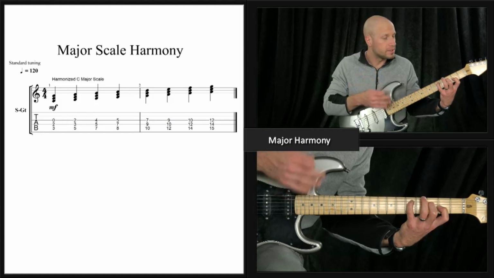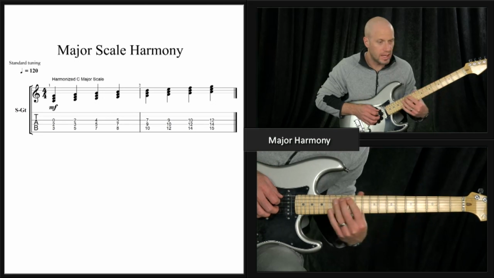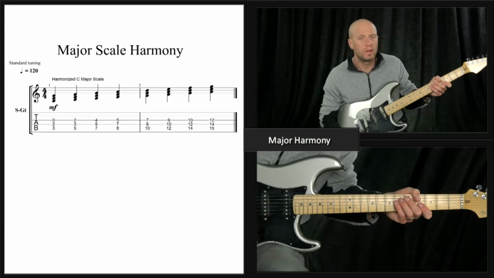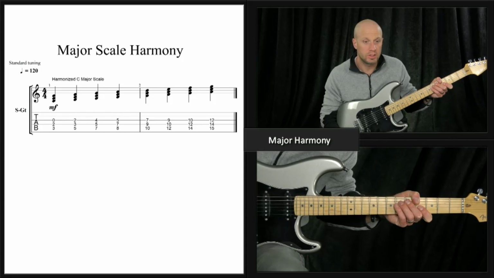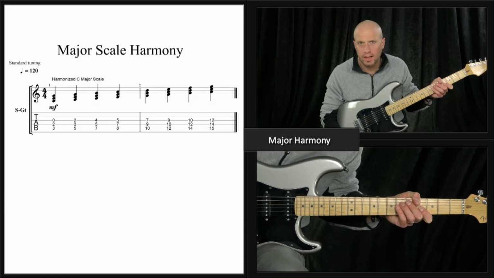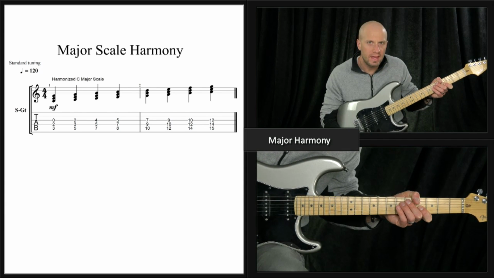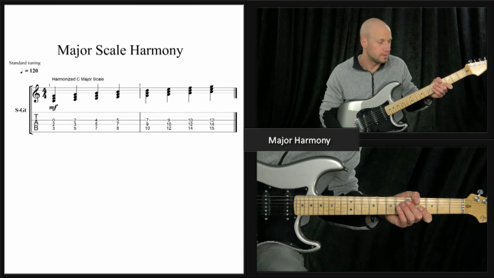We're going to stack thirds on top of the roots of each scale degree, and we're going to realize that there is a certain major, minor, diminished thing that happens because when we stack thirds diatonically, meaning within the parent key, within the key, we create this.